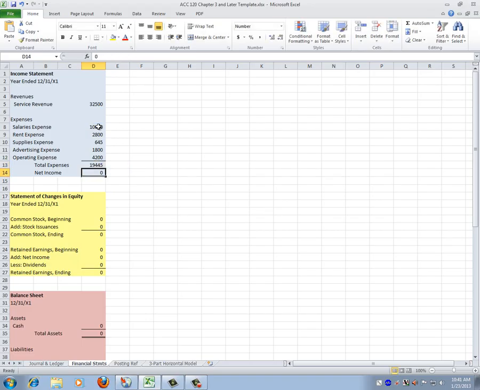And then the net income of the period should be the revenues minus the expenses. So $13,055. And this is, we could get more specific, for the year ended 12/31 of 13. We could put the company name as well. I won't take time.